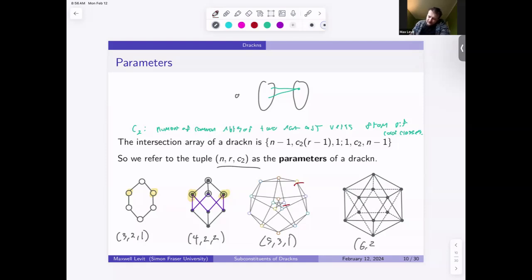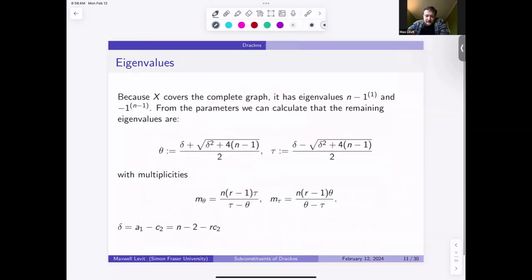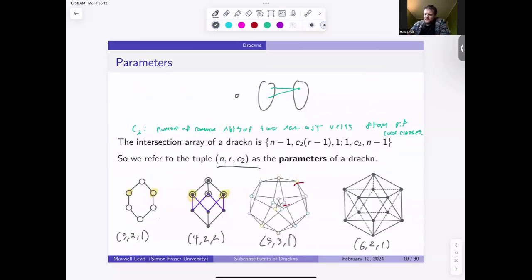And this one is a 6, 2, not adjacent. 2, I think. Maybe we can double check. Maybe I should leave this as an exercise. Non-adjacent vertices, different fibers. Just 1. Okay, so that's the parameters of the drackn. Let me pause here for a second and see if there are any questions, because that was a lot of definition we just went through.